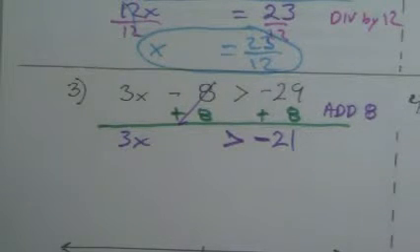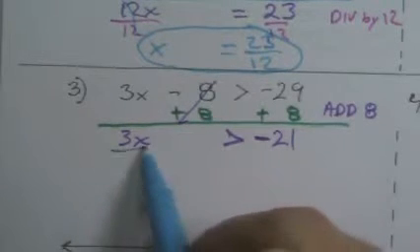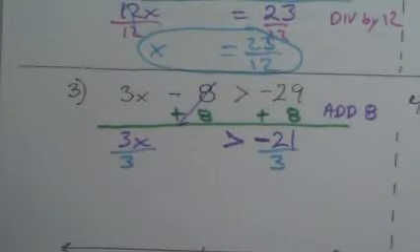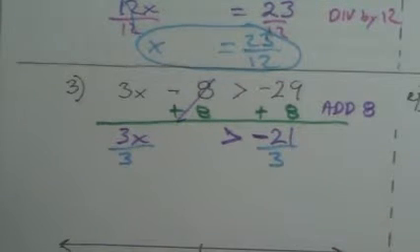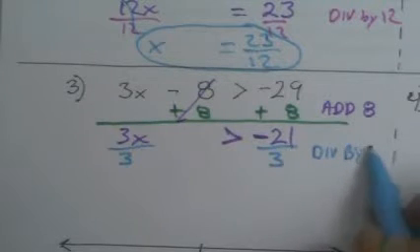All right. Next step is, again, we want the letter by itself, the variable. So I divide by 3, both sides. I better write that down here before I forget. I'm going to divide by 3.